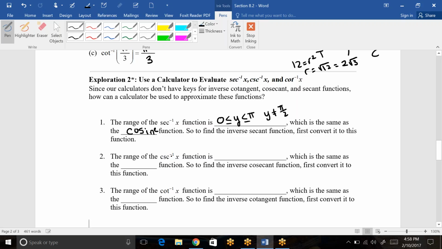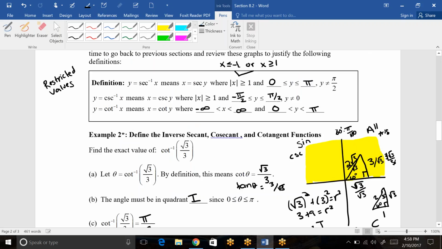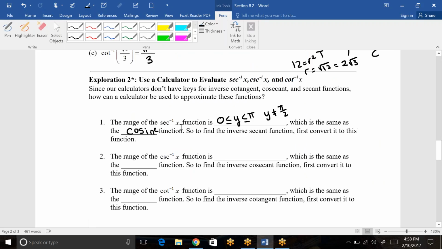The range of cosecant, go back up here, is negative pi over 2 to pi over 2. And this would be the inverse function, by the way. So negative pi over 2 to pi over 2, and we knew that y could not equal 0.